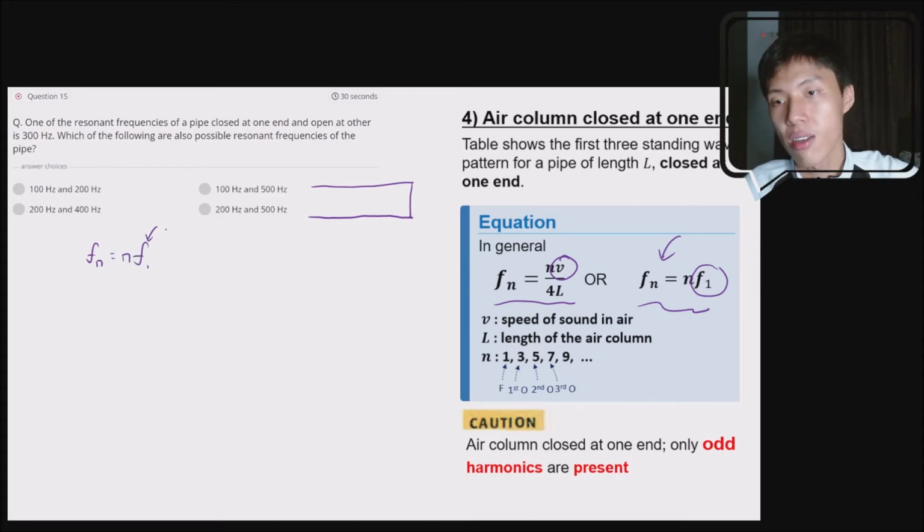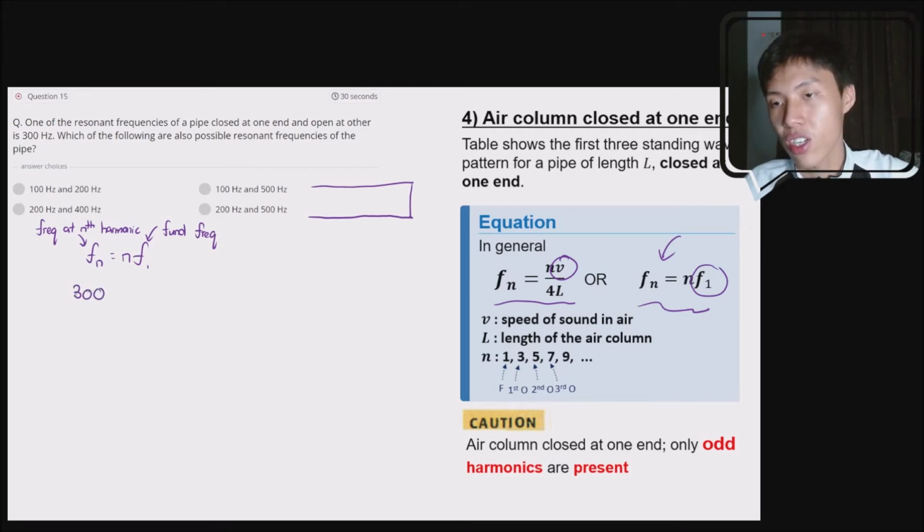So this is the fundamental frequency, whereas this will be the frequency at the nth harmonic. Okay, so they say one of the resonant frequencies is 300.